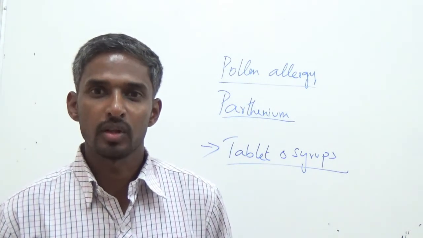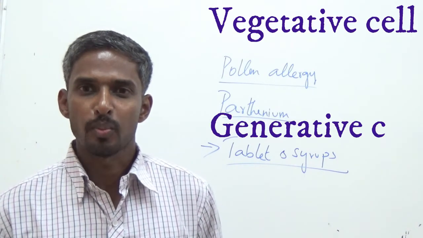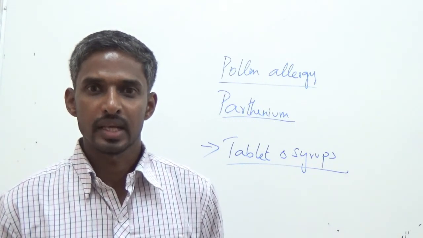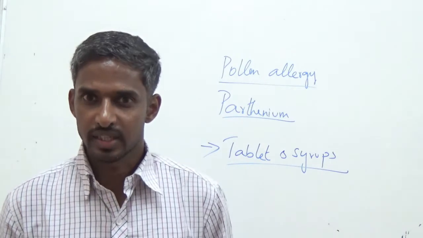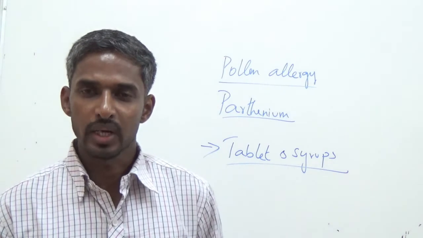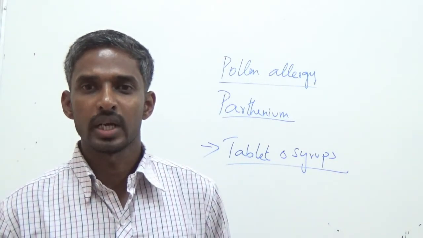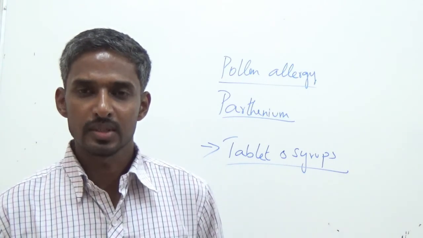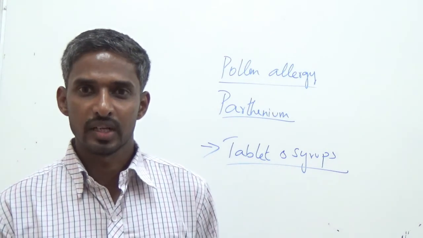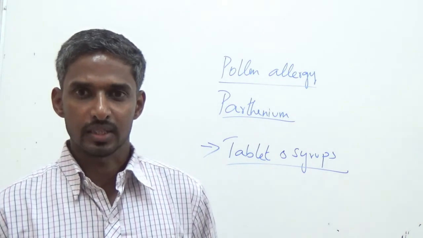And the content of pollen grain, we know it contains one large vegetative cell and one smaller generative cell. And most of the time pollen grains are shed at a two-cell stage, that is pollen grain containing one large vegetative cell and one generative cell. Another 40% of the plants also shed pollen grains at a three-celled stage, that means one vegetative cell and two generative cells. So there is 60% and 40% of plants exhibiting this character.